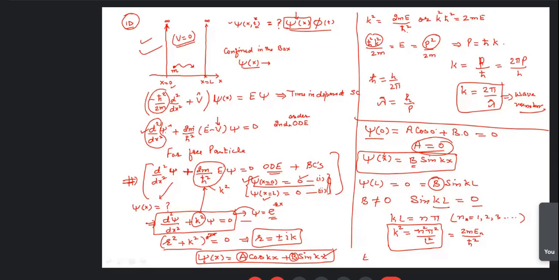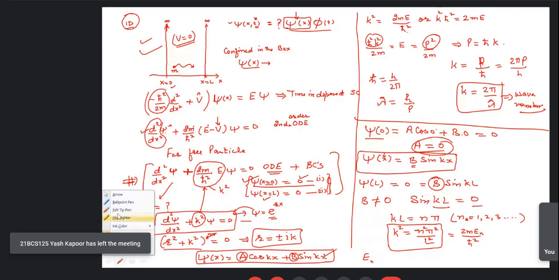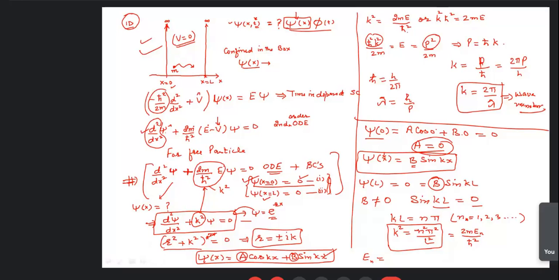I can write energy E_n, which is a function of n, because this is not a continuous variable. n is a discrete variable, so you get discrete values for energy. So it is n square.